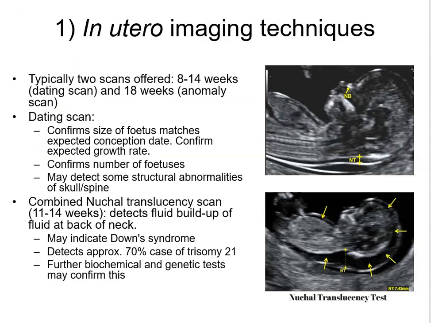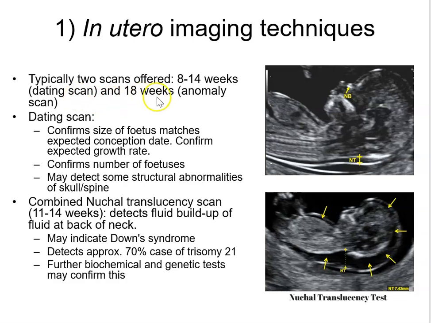Okay, so one of the first things that is done is to do some in utero imaging techniques, and the one that most people are familiar with is ultrasound, and we covered this a few weeks ago. Typically scans are offered at 8 to 14 weeks, which is primarily a dating scan, and then at 18 weeks an anomaly scan.